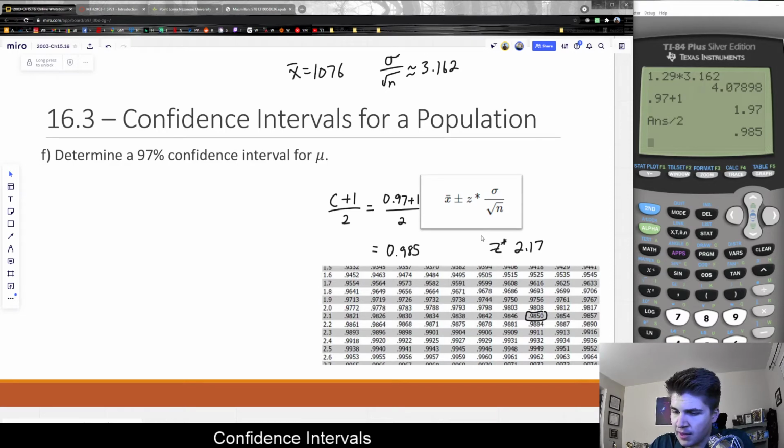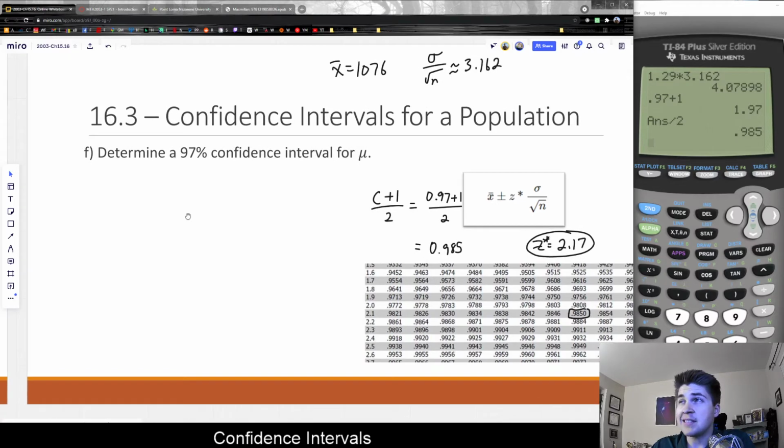And now that we know that, we have everything we need to find the confidence interval for this example, which is given by this formula. So let's plug everything in. 1076, x bar, plus or minus Z star, 2.17, times sigma divided by the square root of n, which we got to be approximately 3.162.